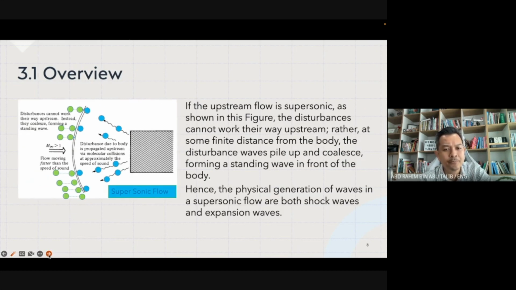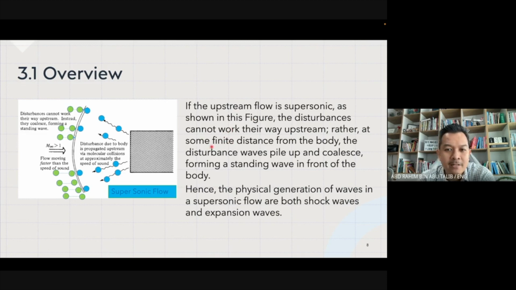However, for supersonic flow, imagine the green balls are the incoming air molecules and the blue balls are the deflected ones. If the upstream flow is supersonic, as shown over here, the disturbances cannot work their way upstream.